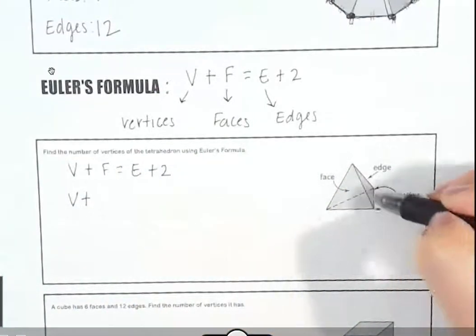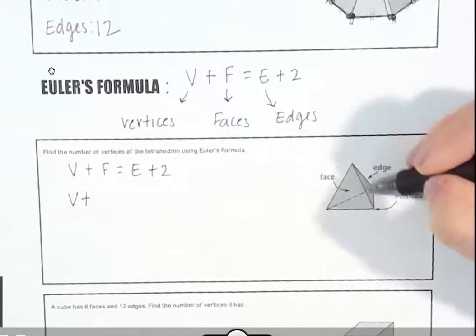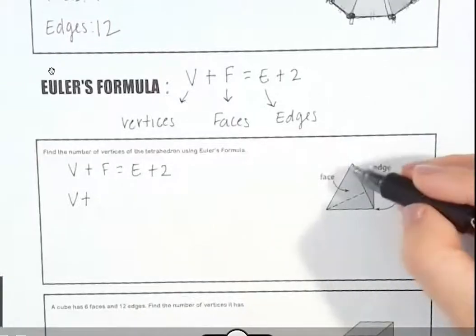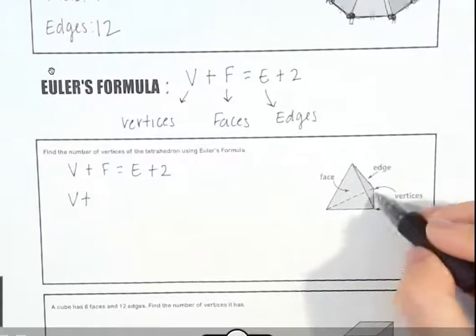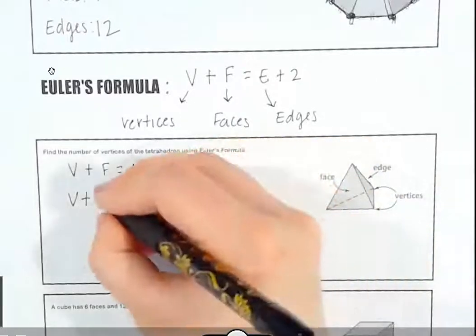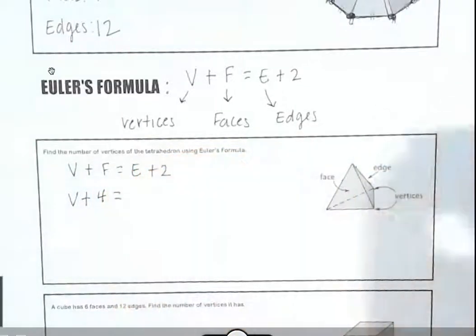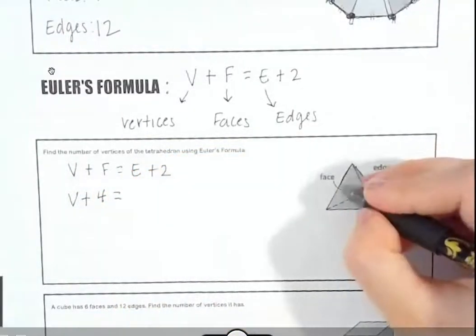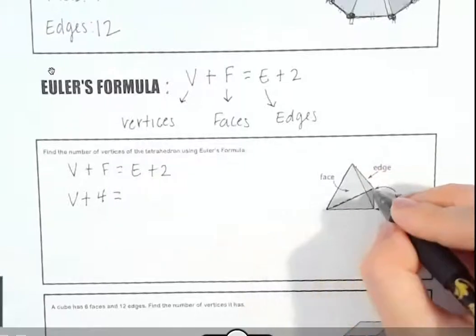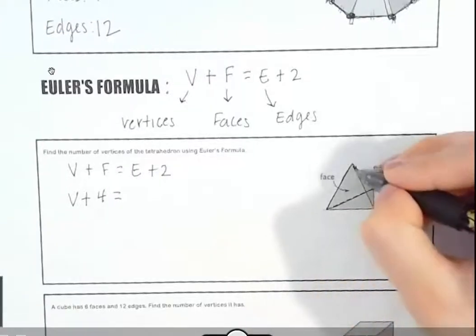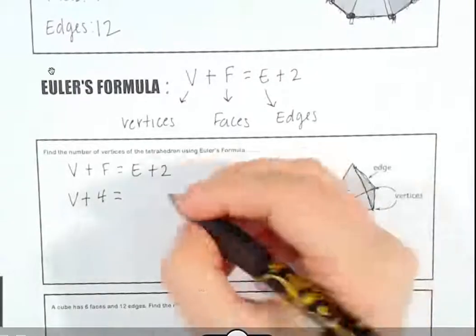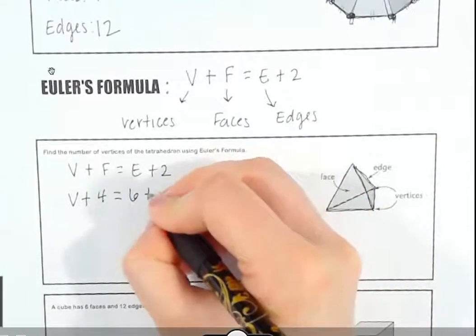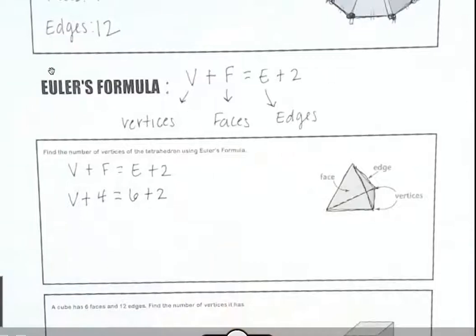This front one would be 1. This side guy over here is 2. The one on the back would be 3. And the one on the bottom is 4. So I have 4 faces. Now our edges, I have 1, 2, 3, 4, 5, and then this guy right there, 6. 6 plus 2.